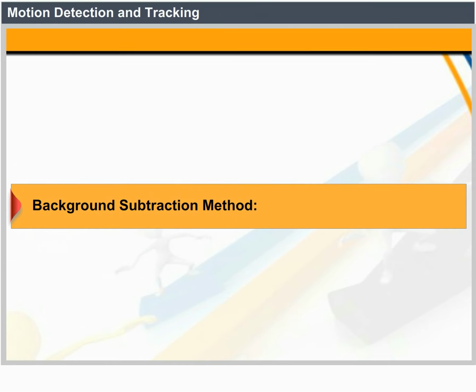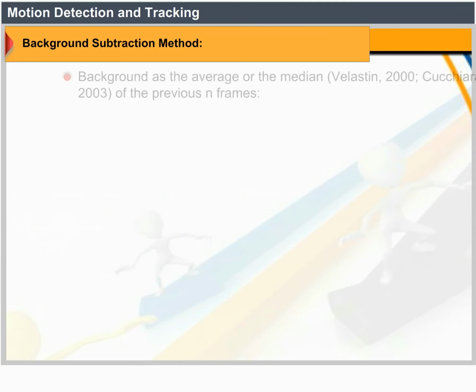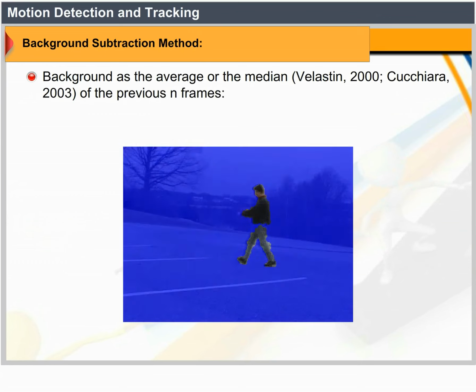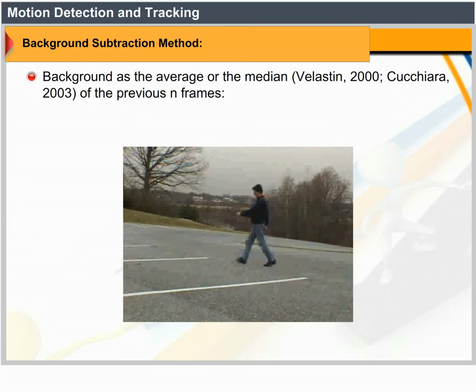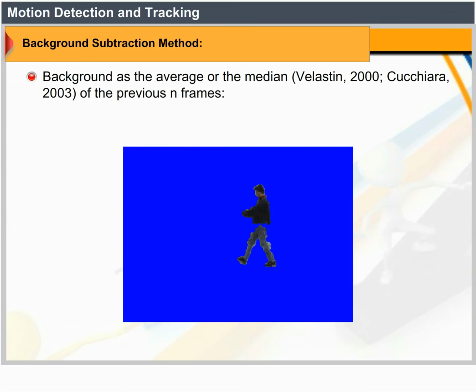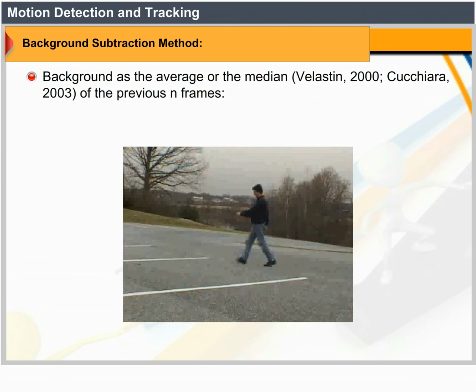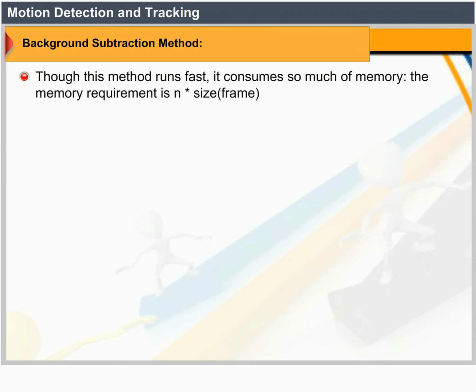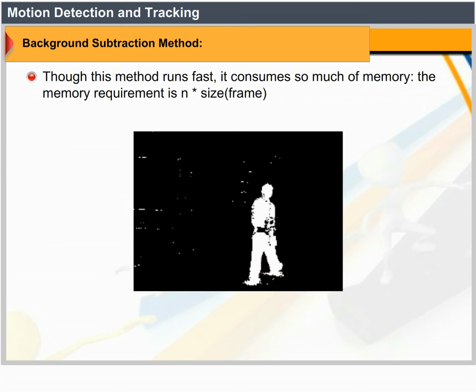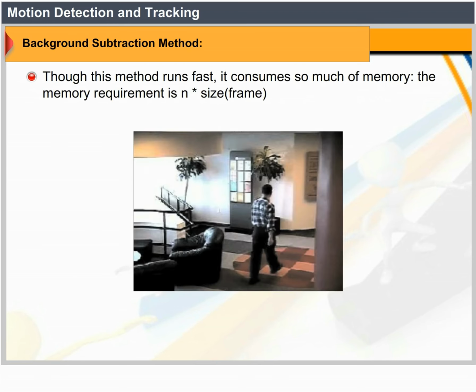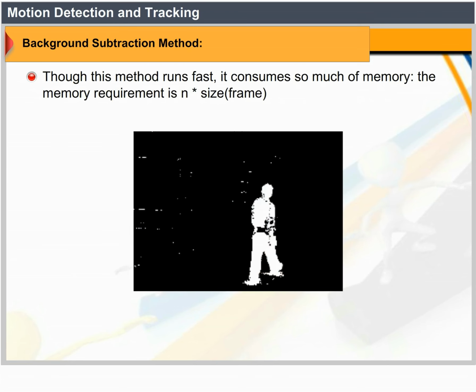Background subtraction methods. Background as the average or the median of the previous n frames (Velastin 2000, Cucchiara 2003). Rather fast but very memory consuming. The memory requirement is n times the size of the frame.